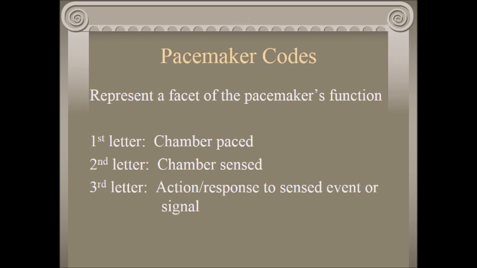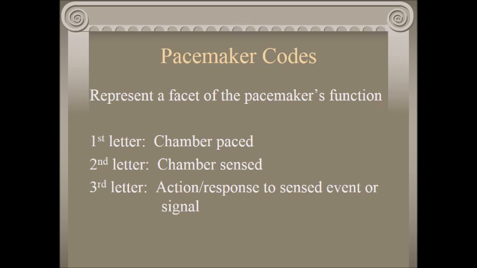If you see an A, that stands for atrium, a V stands for ventricle, or a D stands for dual, both atrial and ventricularly paced. The second letter stands for the chamber that is sensed.